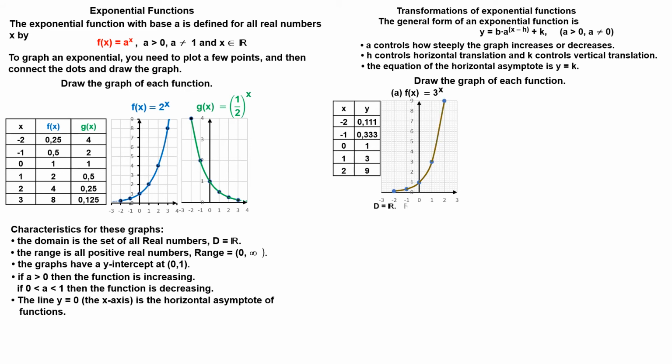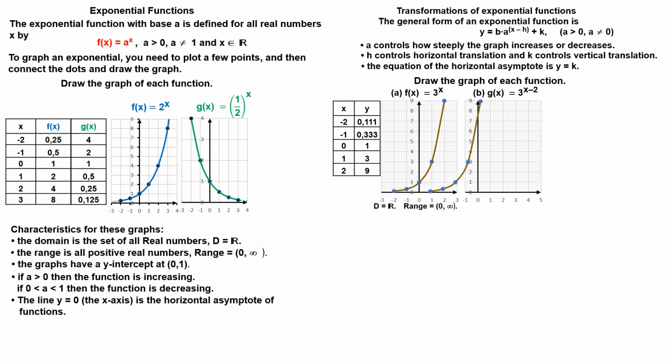Domain is real. Range is all reals from 0 to infinity. Now we use the graph of function f to find the graph of the function g. The graph of function g can be obtained by translating the graph of function f 2 units to the right.